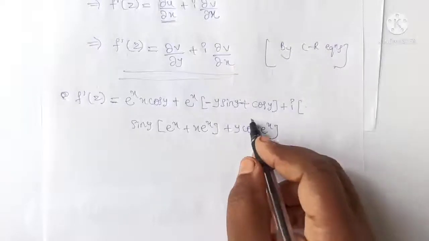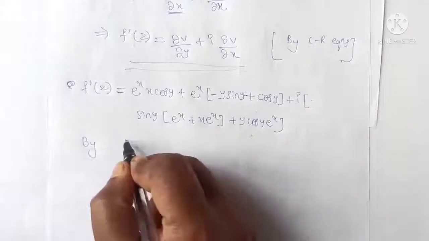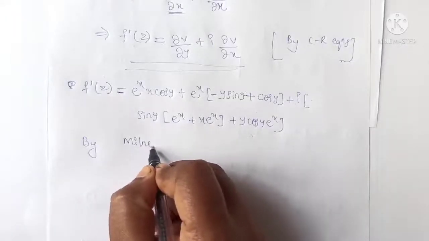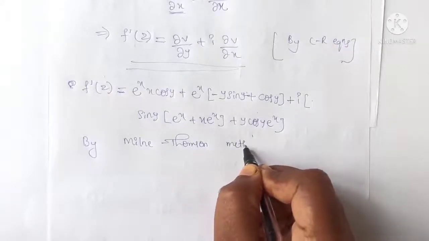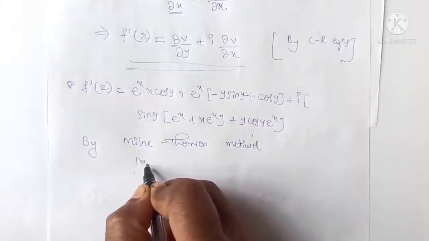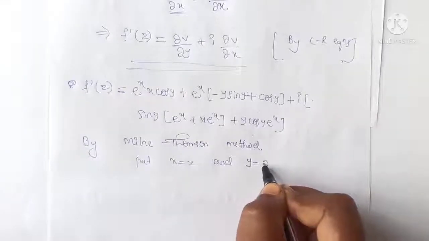So this is ∂v/∂x value. Okay, now by Milne-Thomson method, put x equals z and y equals 0.